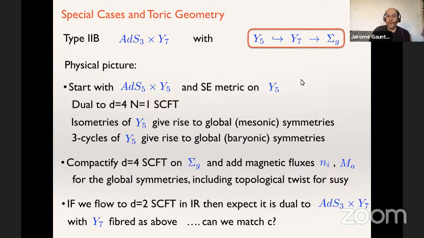So this is the whole point of focusing on these geometries. It's because we have a very concrete physical picture of how they could arise. Start with your favorite four-dimensional quiver gauge theory, reduce on a Riemann surface, flow to a two-dimensional conformal field theory. If that also has a 2B dual, it should be of the form AdS3 cross Y7, and Y7 is fibered this way. So that's why we focus on these.